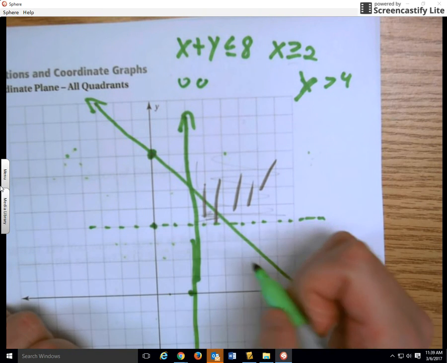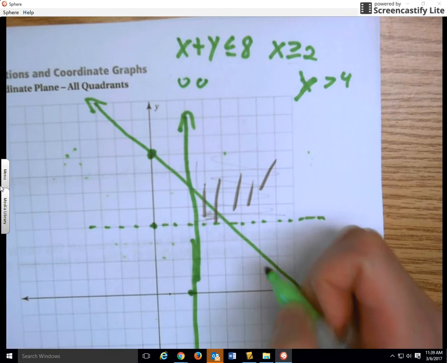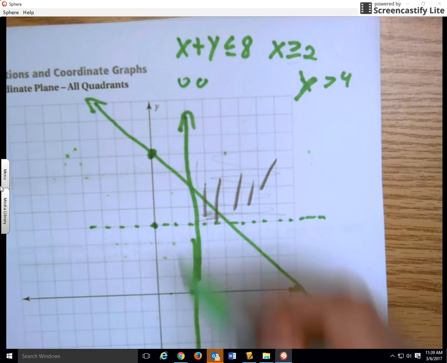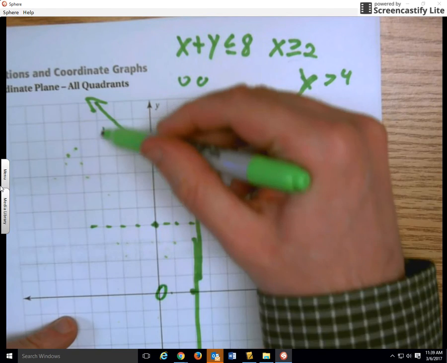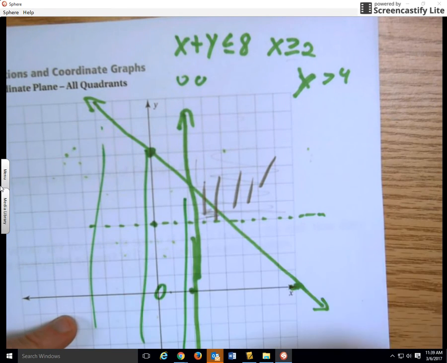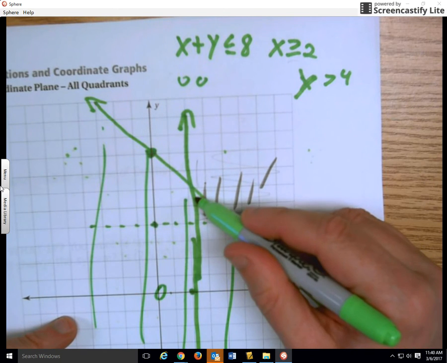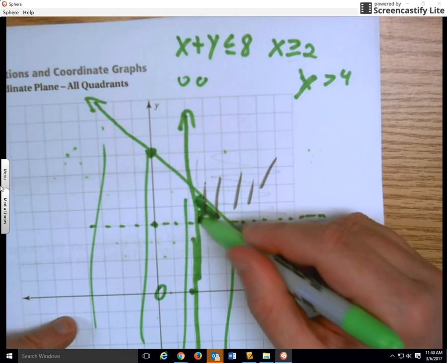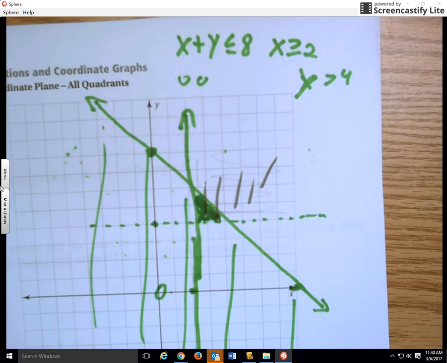So since it's true, the 0, 0, you would shade in this side of the other line. Okay. So what do all three of these have in common shade? It's this little area right in here. They all hit that. And so that is the answer. This is the whole time span of the different options you could spend at the beach or at the mall.